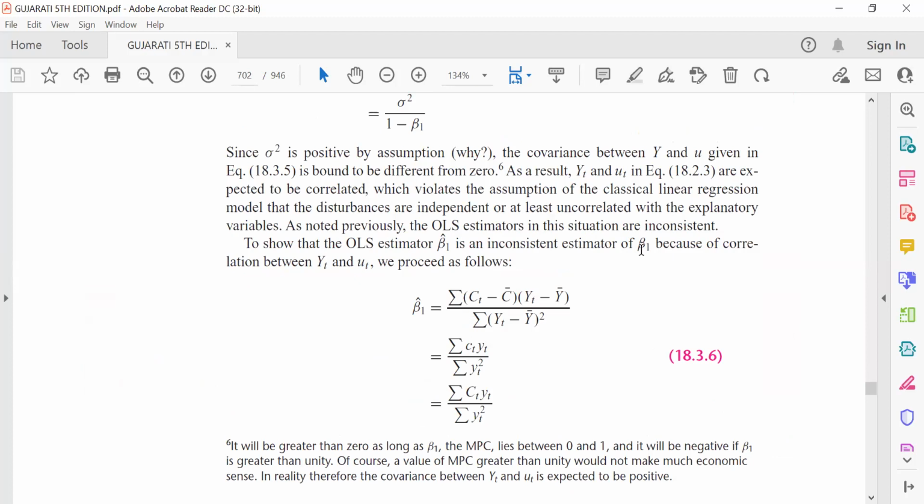That means the parameters of the equation become biased. So we cannot use OLS directly to estimate the parameters of the simultaneous equation model.